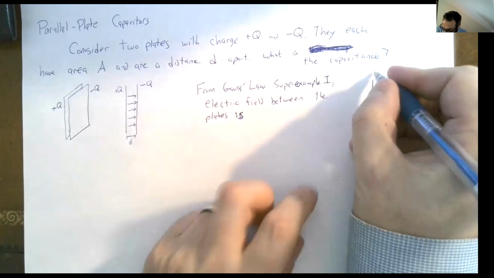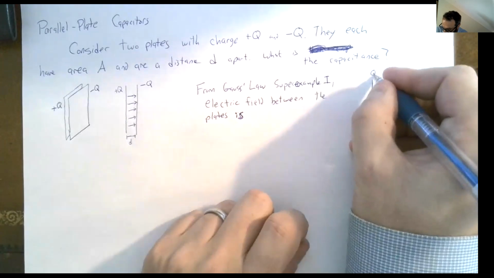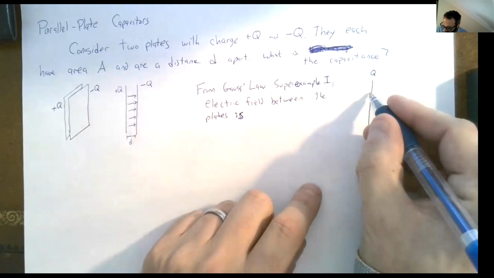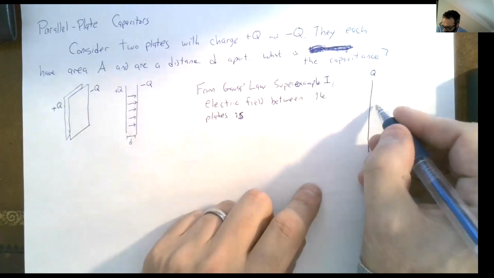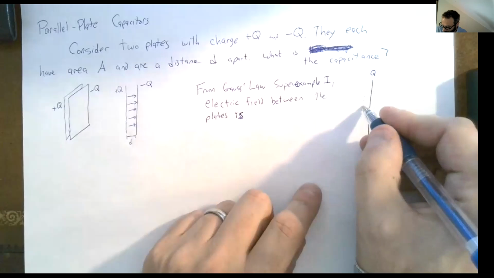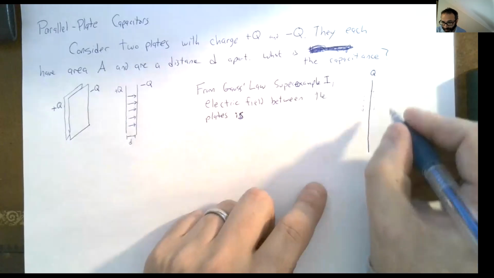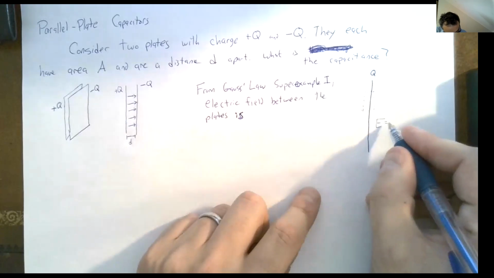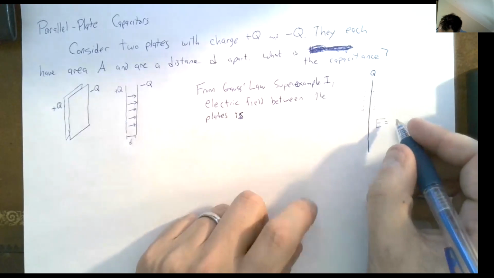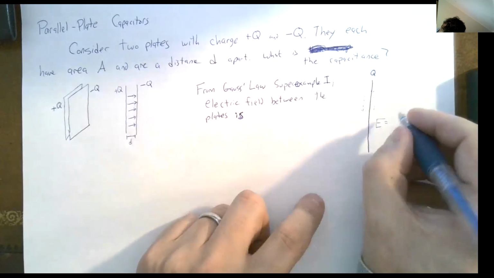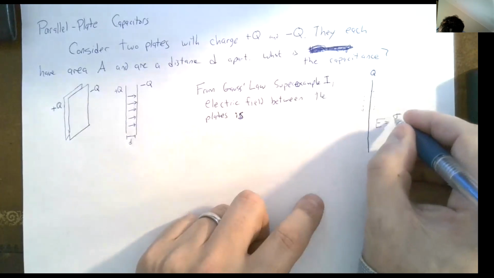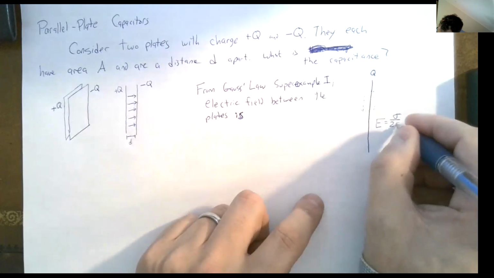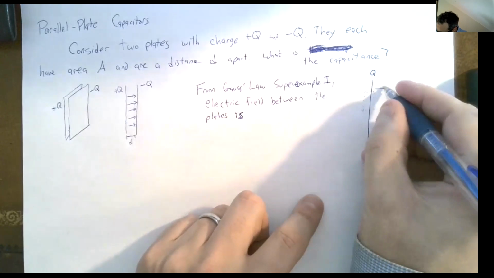Really, we just had one plate that had a charge Q. We made our Gaussian surface around the plate like this. And I'm not going to go through it all again, but what we ended up with was an electric field equal to sigma over 2 epsilon naught. And it looked like this, right?